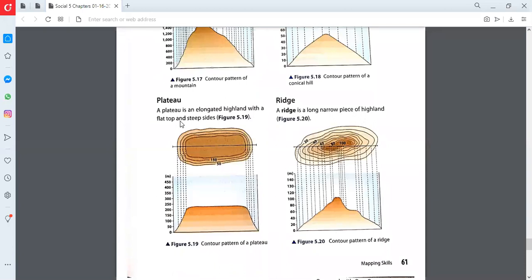So till now we have seen four things: mountain, hill, ridge, and plateau.